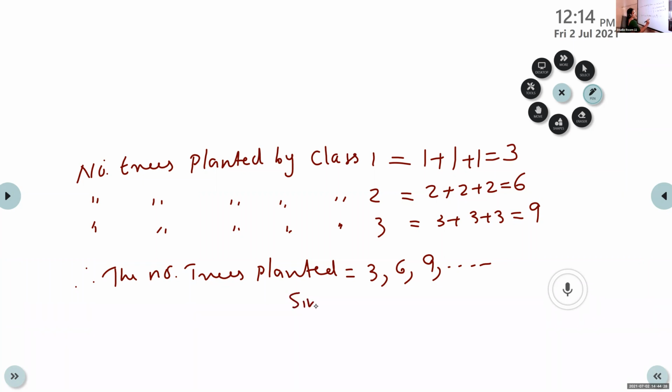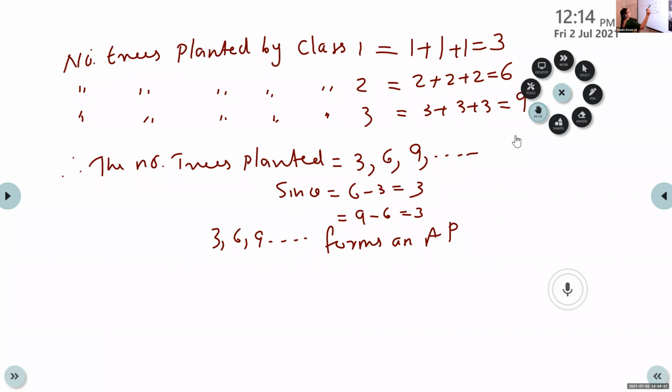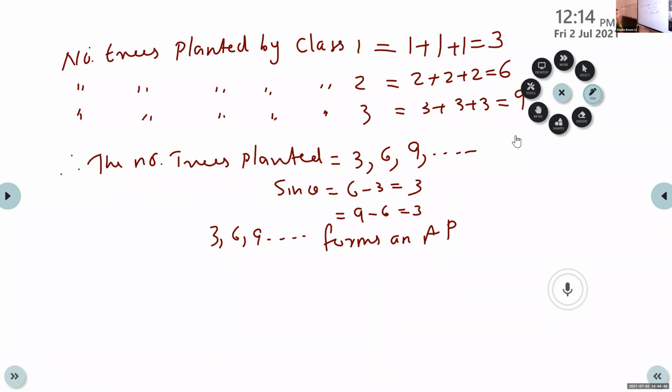You can write, since 6 minus 3 equal to 3, 9 minus 6 equal to 3, 3, 6, 9, etc. forms an AP. So the number of trees planted forms an AP, with a equal to 3 and d also equal to 3. Up to this we got.